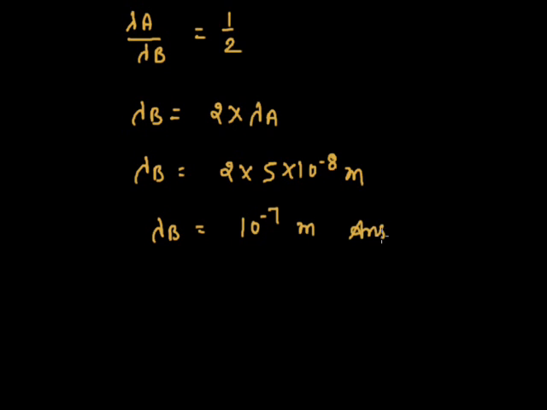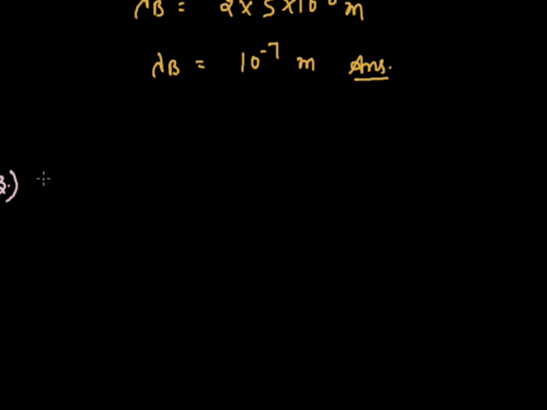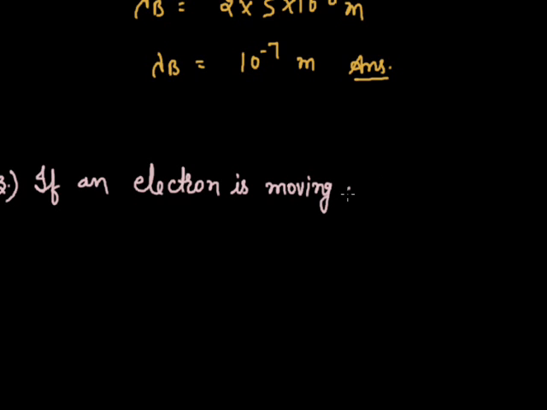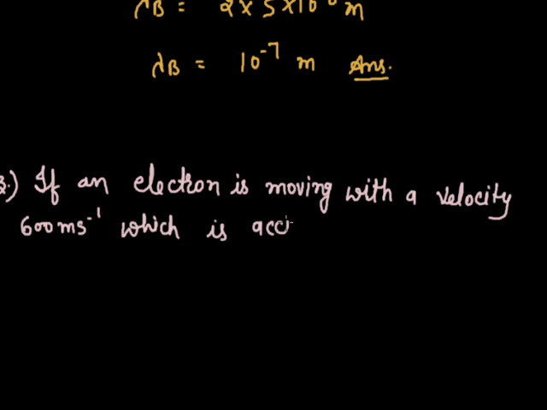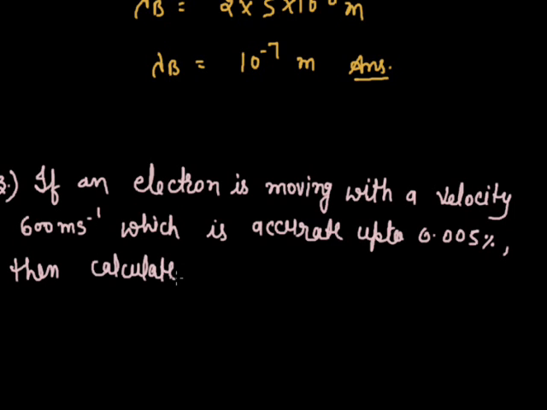And it's our final answer. Now the third question is: if an electron is moving with a velocity of 600 meter second inverse, which is accurate up to 0.005%, then calculate the uncertainty in its position.